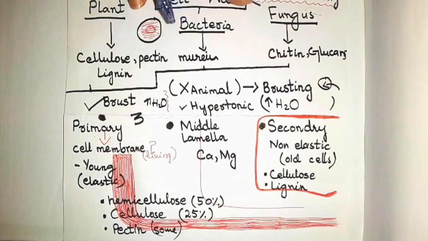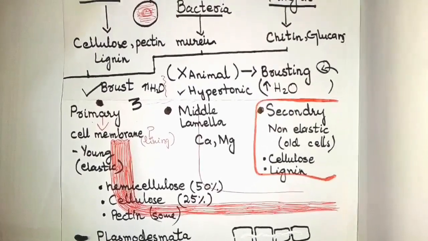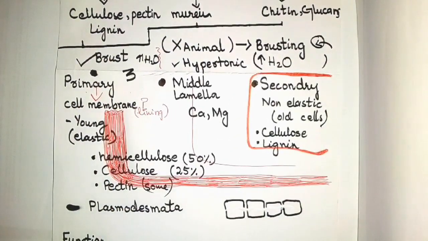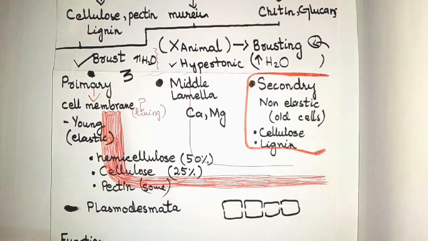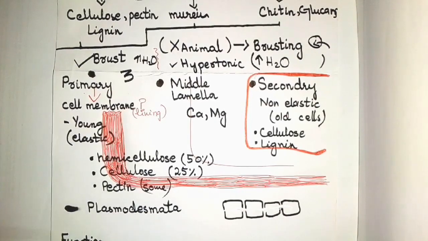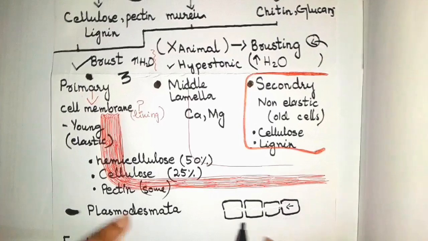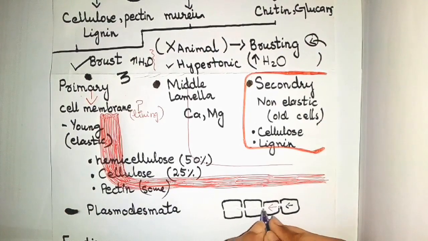After that, another special thing is the presence of pores, the plasmodesmata. Plasmodesmata are the pores. Since the cell wall is non-living, a non-living substance would not help in transport, but the cell wall can help in transport because some content can easily travel through those pores.